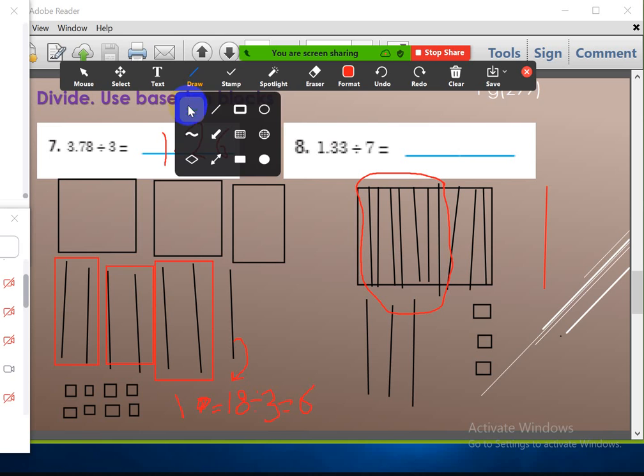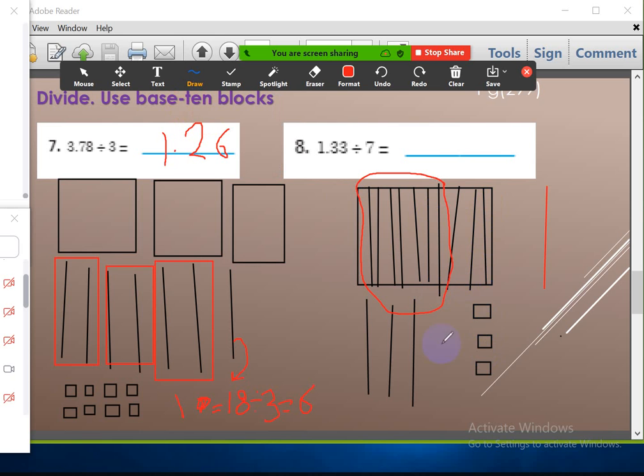So to divide those on 7, I have to break all those into small cubes. Each long will be 10 small cubes. So 10 here, and 10 here, and 10 here, and 10, 10, and 10. So add those 10s. Yes, Ragad, 60 plus 3, 63 small cubes.